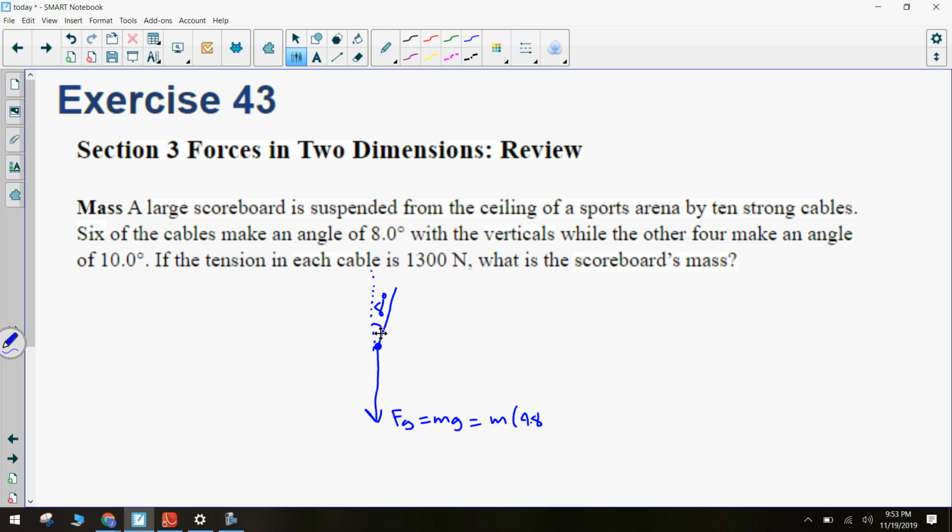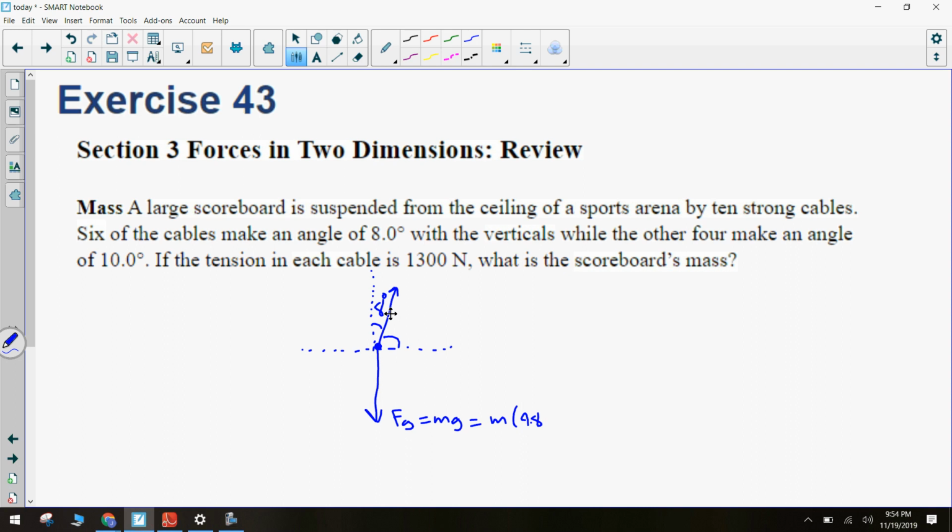with the vertical. Okay? So you should be thinking to yourself, it makes 8 degrees with the vertical, and we always measure theta from the positive x-axis. What angle is that going to be? Well, if I went all the way to the vertical axis, that'd be 90 degrees.